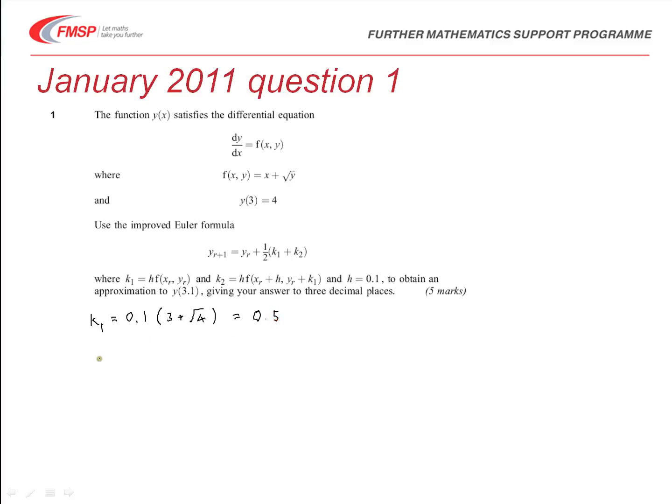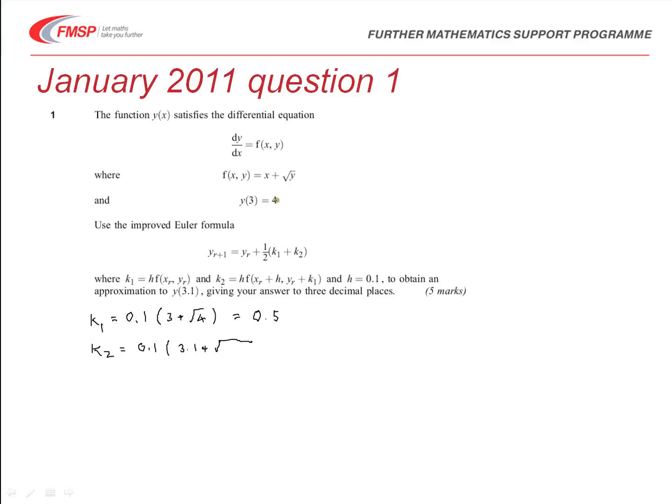Similarly now, we can find the value of k2, and k2 is equal to h, so that's 0.1, and this time we have to evaluate the function at x plus h, so x was 3, so we're evaluating x as being 3.1, so when it's substituted into the function we've been given, that becomes 3.1 plus the square root, and our new y value is the old y value plus k1.